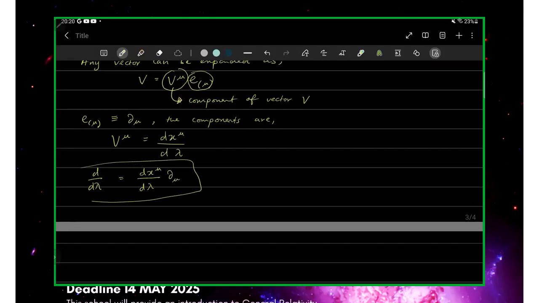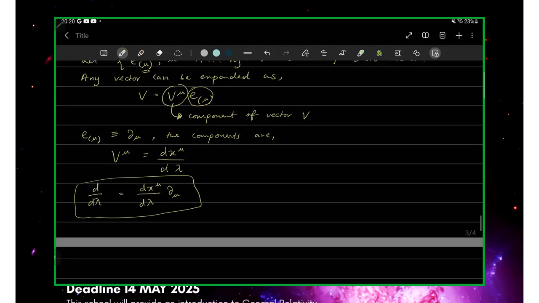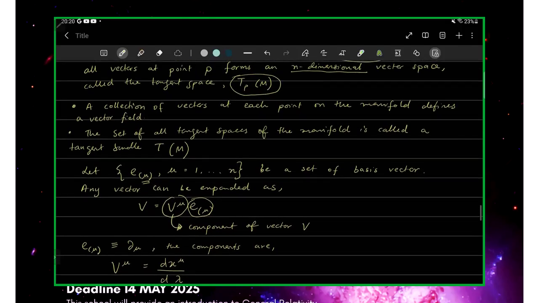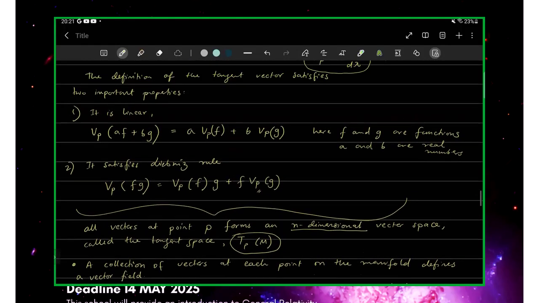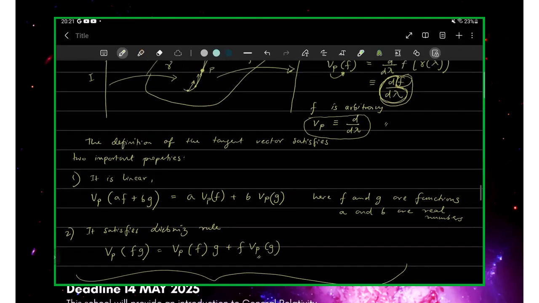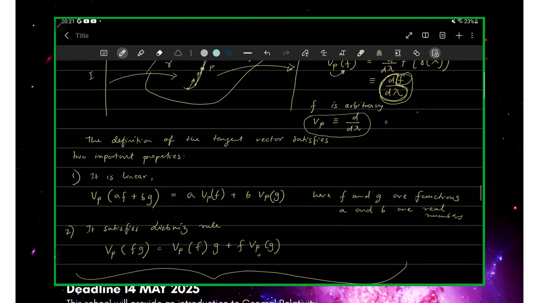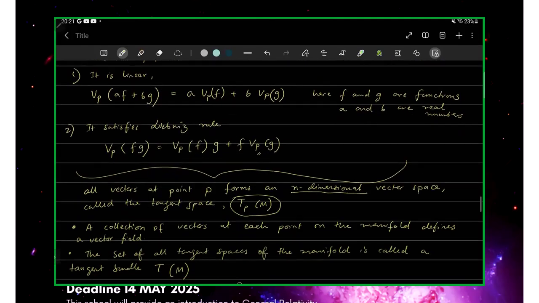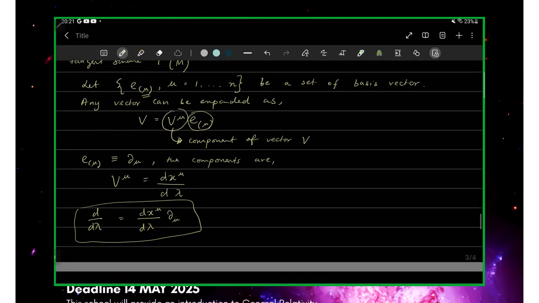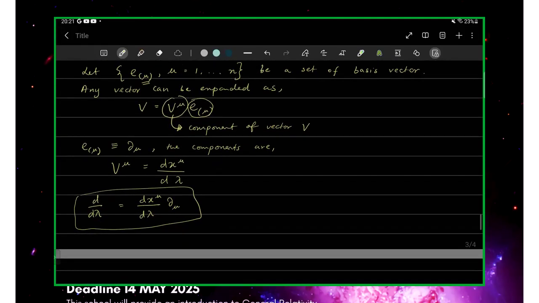Now this relationship, I have not shown this, but there is a very nice proof of this relationship from here. And I want to leave this as an exercise, but you can find it in Bauman's book, which is also one of the references I used to make this lecture note. So the proof is there in Daniel Bauman's GR book.